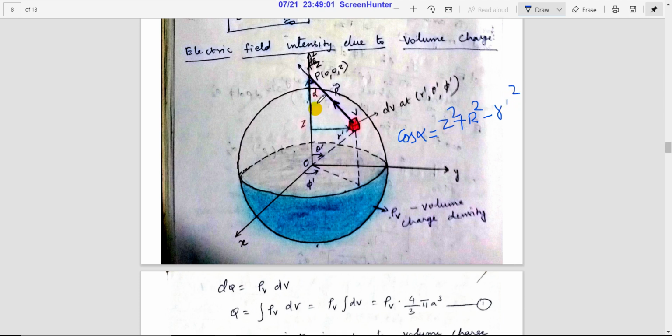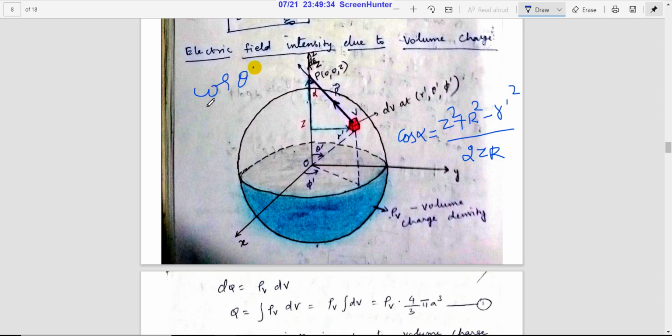So you have to add the squares of the adjacent two sides, z square plus r square, and subtract the square of the opposite side, so minus r dash square, divided by 2 into the adjacent sides. So you can write cos alpha is equal to z square plus r square minus r dash square divided by 2 z r. Likewise, you can write it for cos theta dash.